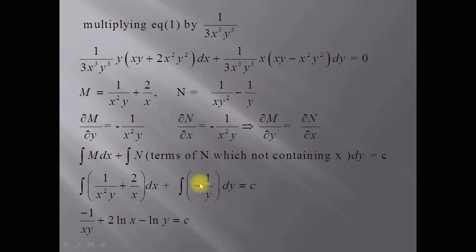So the integration of −1/y with respect to y, equal to c. The integration of 1/(x²y) with respect to x gives −1/(xy), and for 2/x, 2 is a constant and the integration of 1/x is log x, and the integration of −1/y is −log y, equal to c. So this is the required solution.